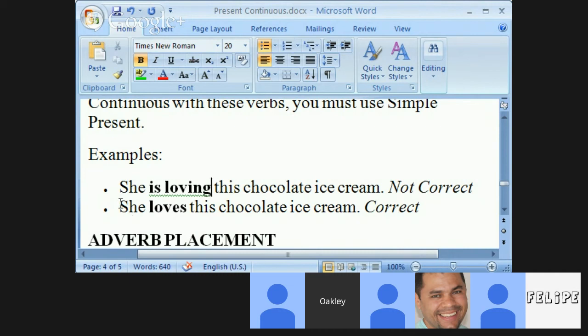So it's very, very common to see grammar rules broken in song lyrics. Anyway, it should be, she loves this chocolate ice cream. That is the actual correct way to say the sentence. Okay. Because love is a state. It's a state of mind.